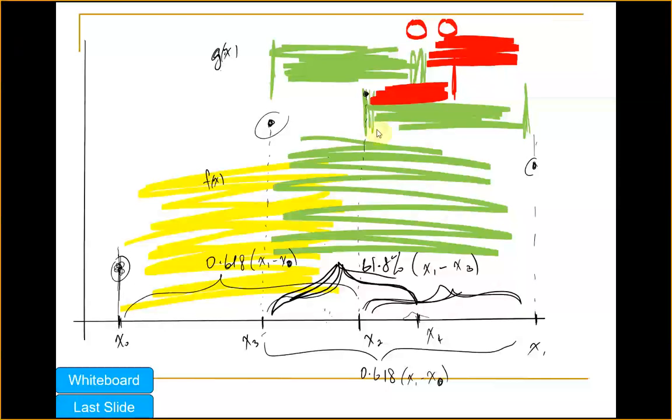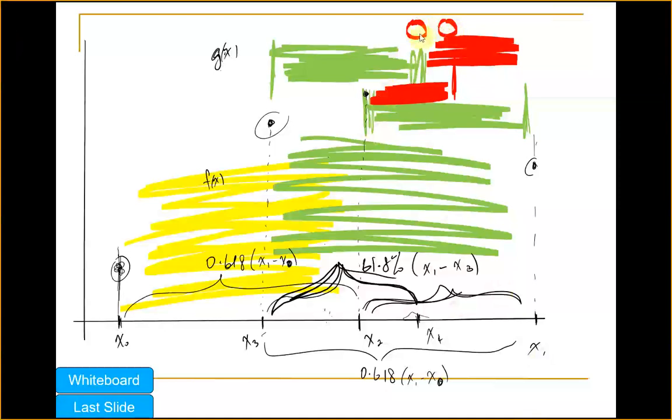So here we were. We had said the bound x1 to x2 would be where my bound is. This location would have been one of my golden ratio locations from the previous iterative step. This one is what I calculate for the new iterative step.